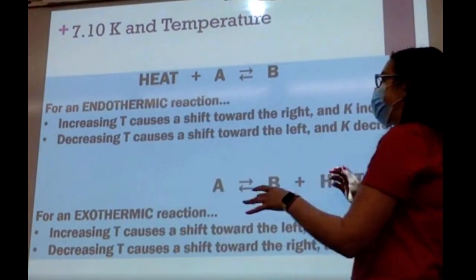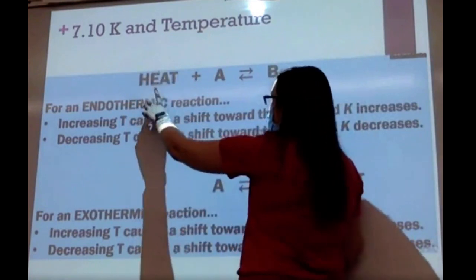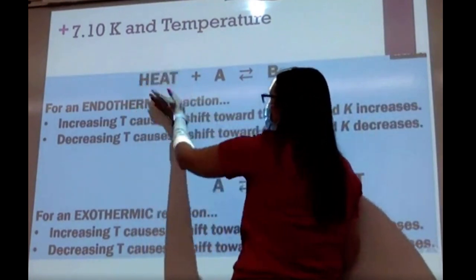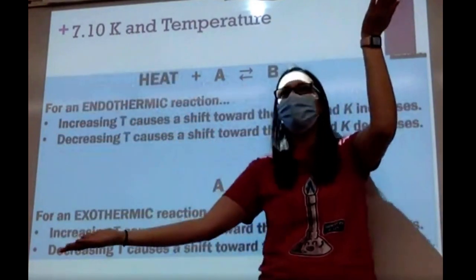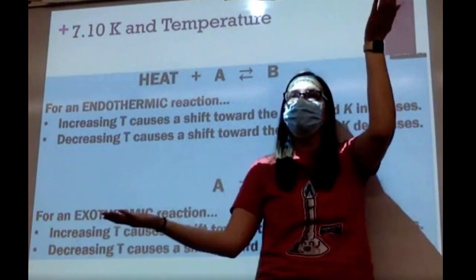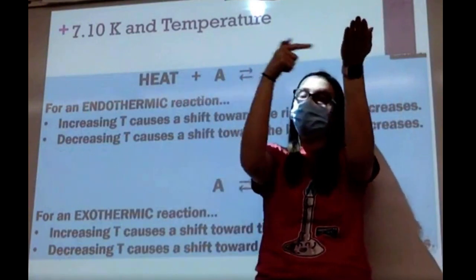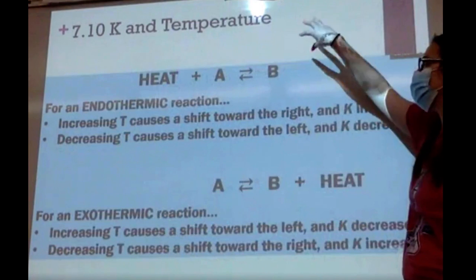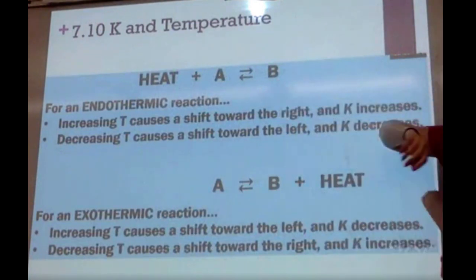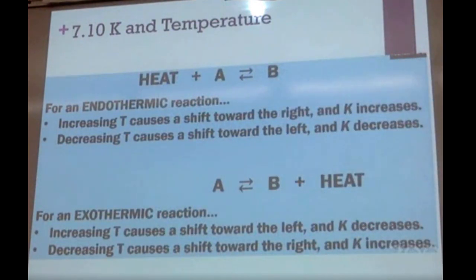And so since heat acts as a reactant, if you increase temperature, you're adding heat. Now we have too much on the reactant side. So the reaction is going to shift to make more products. Well, as it makes more products, now you have more products compared to reactants. So K increases.